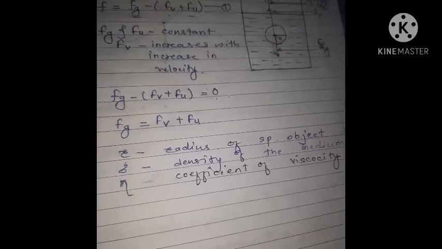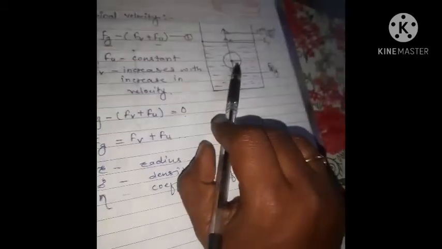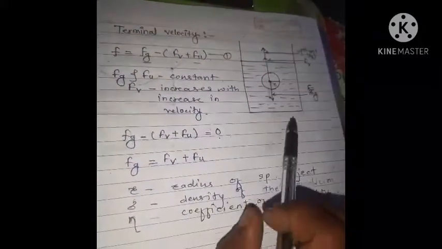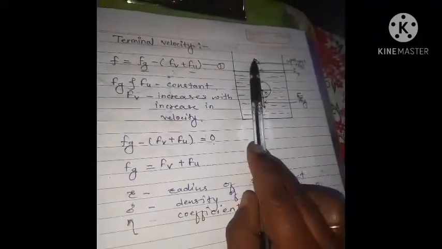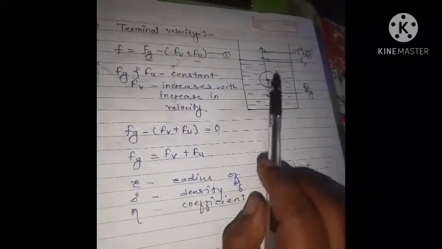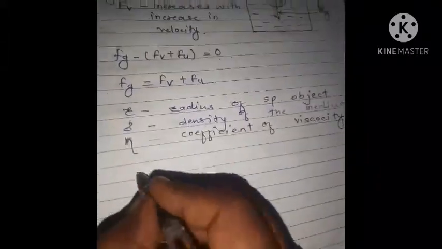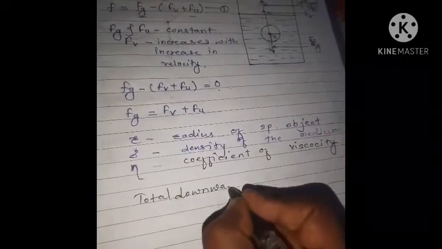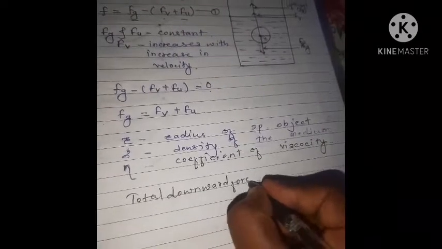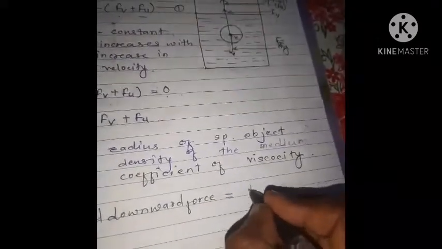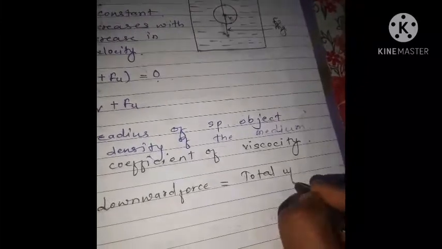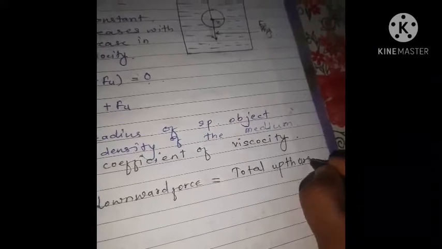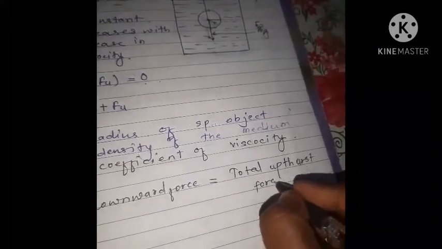Now, when the sphere attains terminal velocity, the downward force and the total upward force become equal. Therefore, we can write total downward force is equal to total upthrust, or upward force.